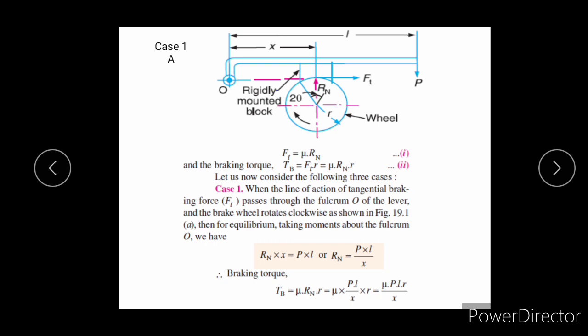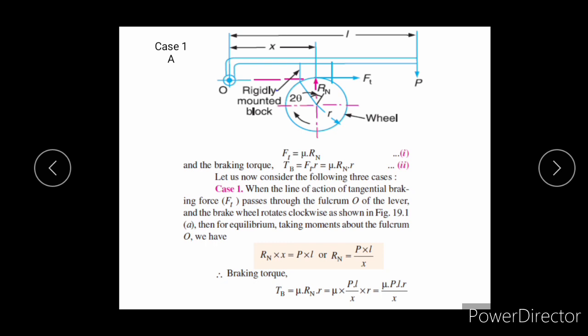So that we can assume uniform pressure between the wheel and the block. So for 2 theta less than or equal to 60 degree, there will be uniform pressure we can assume.